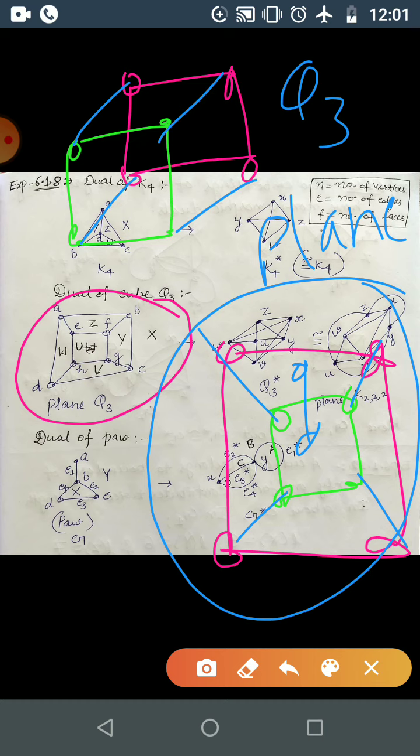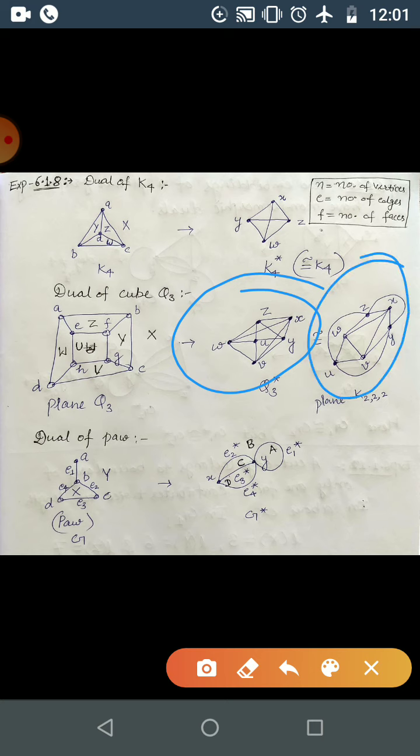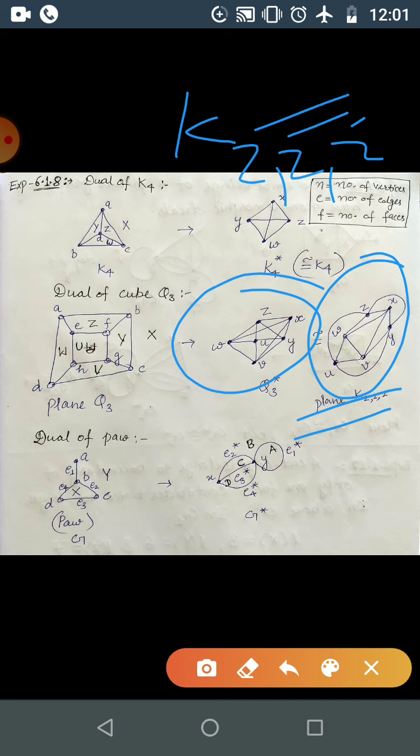So after drawing this dual, we got this one. And this is not a plane graph, so for the plane part you can just redraw this graph, and if you notice, it is coming as K2,2,2, that is the complete tripartite graph with parts P, Q, R, or you can just say R, S, T. Each part has cardinality 2. Okay, so this is what we are getting.